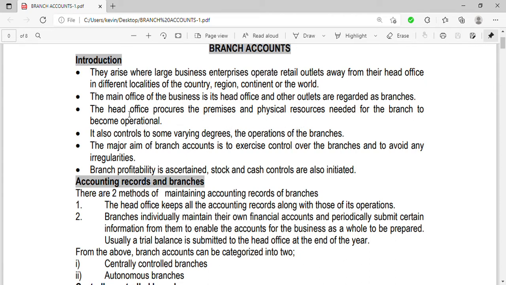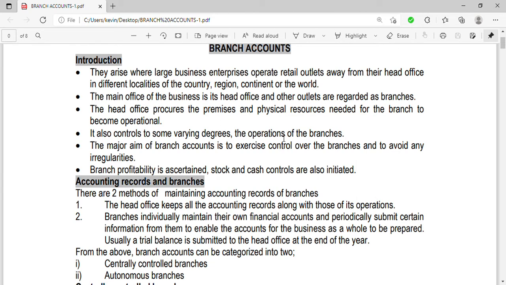The head office does everything at the beginning, to see that the branch starts operating. Then it also controls to some varying degrees the operations of the branches.